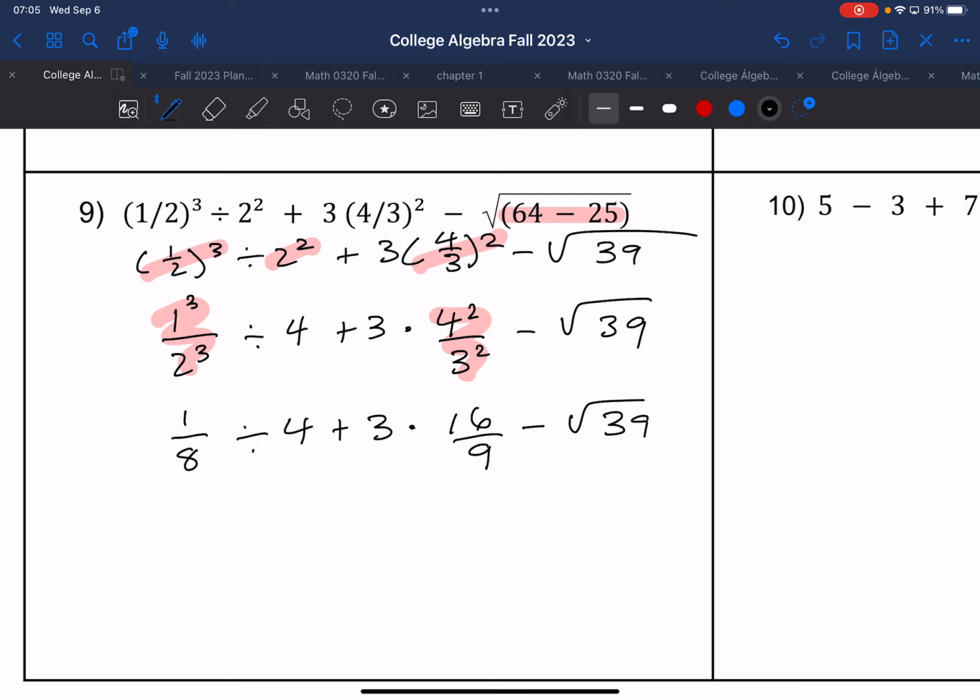Why haven't I simplified my square root yet? Is the square root of 39 a perfect square? No. So it's going to give me some decimal answer, so I'm going to save that towards the end.